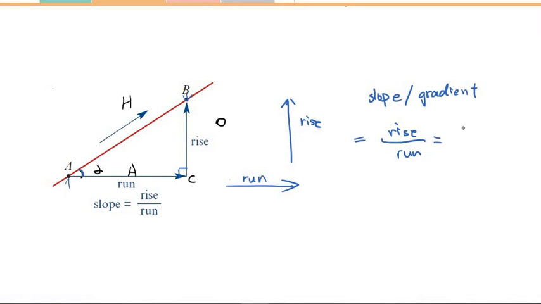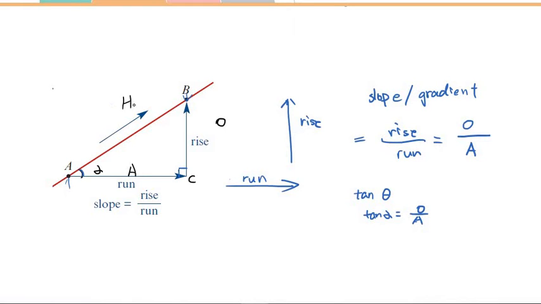Our rise can also be represented as O, opposite, and our run can be represented as A, adjacent. So in trigonometry, tan theta, or tan alpha in my case, is equal to opposite over adjacent. In some questions, the gradient is also called the tangent, but that's more with a curved line. It's all talking about the change of y for 1 unit of x.